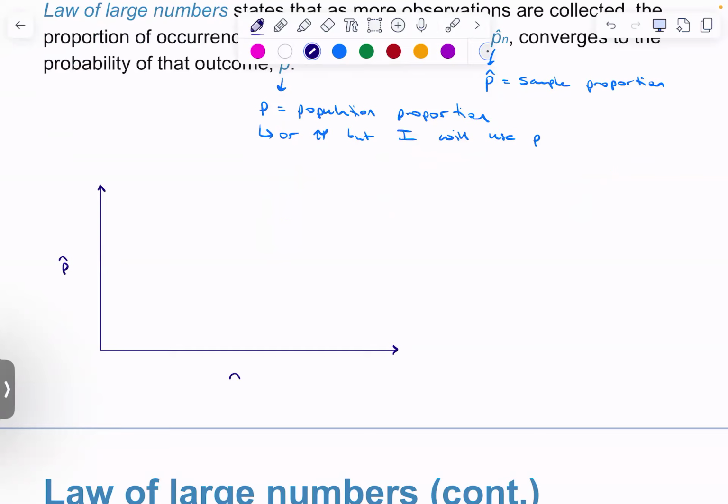P hat of the number of heads, let's say. So this is the proportion of times that I get heads out of n flips. Now, at one flip, maybe I'm still at 0.